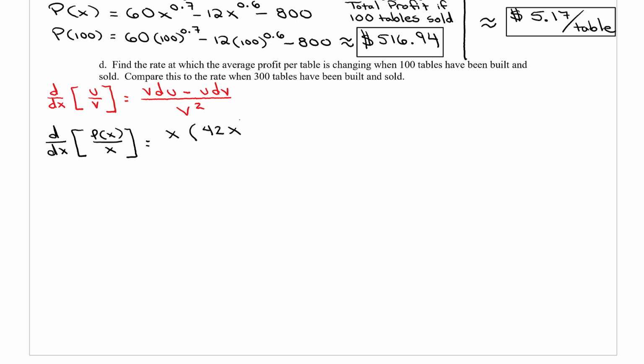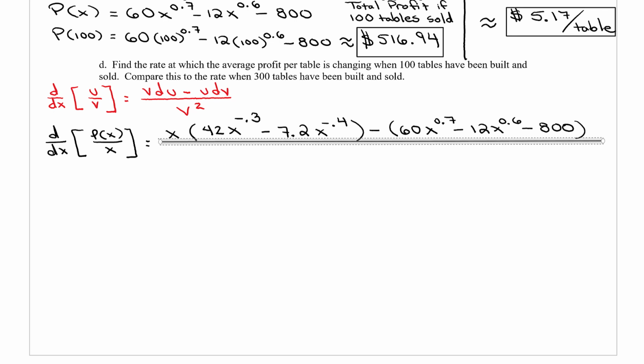Inside the parentheses, we're going to write 42x raised to the negative 0.3 power minus 7.2x raised to the negative 0.4 power, close the parentheses, minus, open up another set of parentheses, 60x raised to the 0.7 power, minus 12x raised to the 0.6 power, minus 800, and then we're going to close our parentheses, all over x squared. I'm going to distribute, in the first product, I'm going to distribute the x to all the terms. In the second product, I'm here distributing the negative.